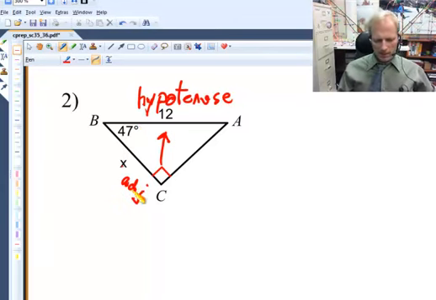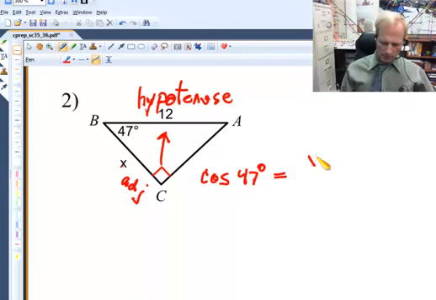So it looks like I have another situation for cosine. I have adjacent and hypotenuse, which is the AH in SOHCAHTOA. So my equation is going to be cosine of 47 degrees is equal to adjacent over hypotenuse, so that would be x over 12.